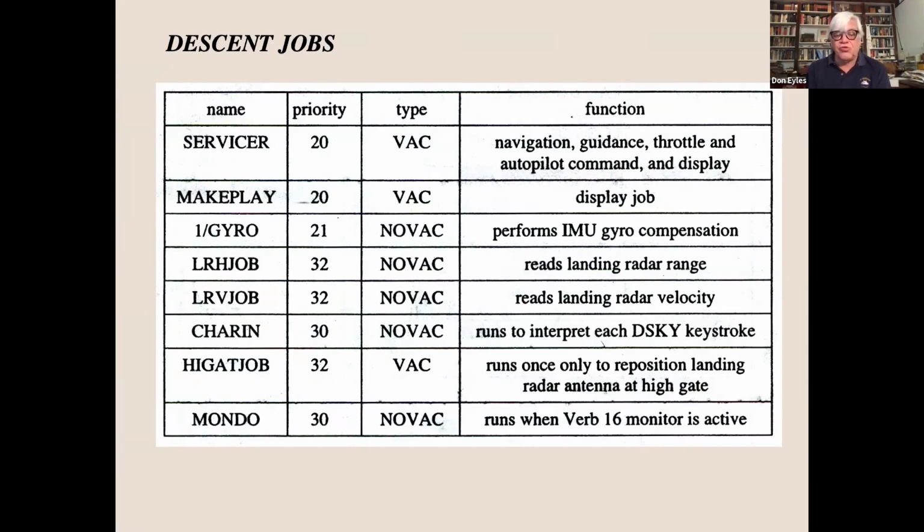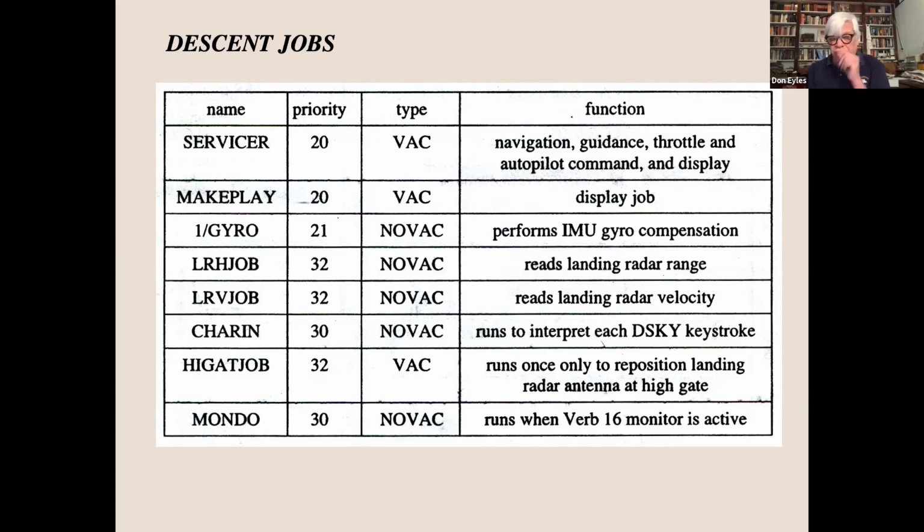Another thing here is that that last job, Mondo, was not restart protected. That was not considered vital. That was a job that was created whenever the astronaut wanted to use the DSKY to monitor some parameter that was not within the default display. You remember I showed you the default display during the braking phase of velocity, altitude rate, and altitude.